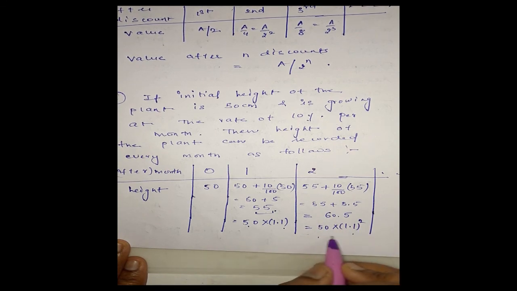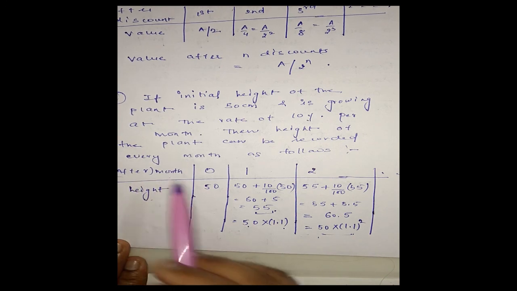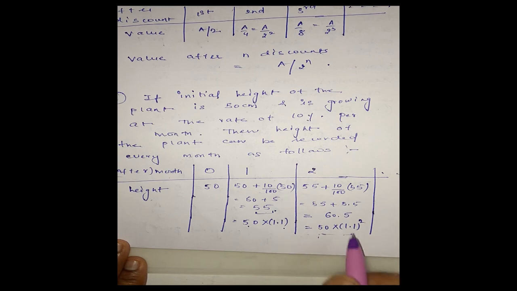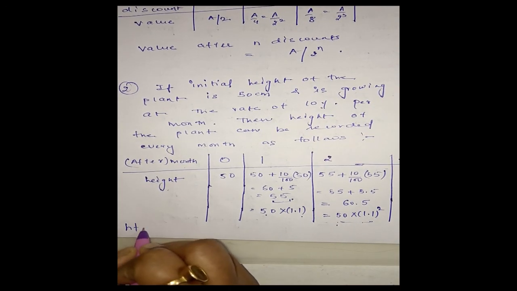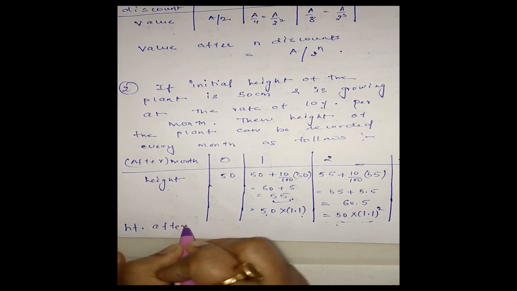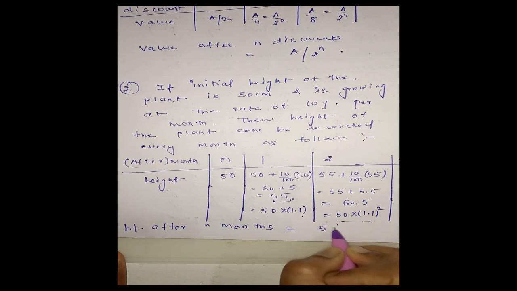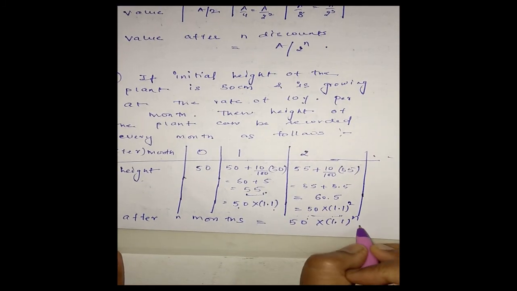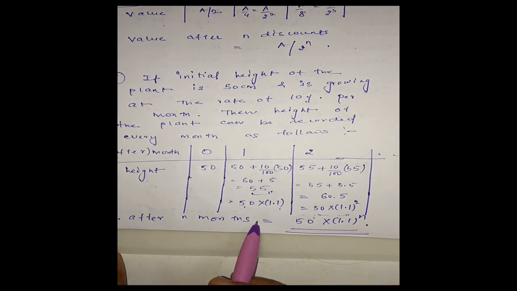Then using this relation, the height after n months will be equal to 50 into 1.1 power n. This will be the height of the plant after n number of months.